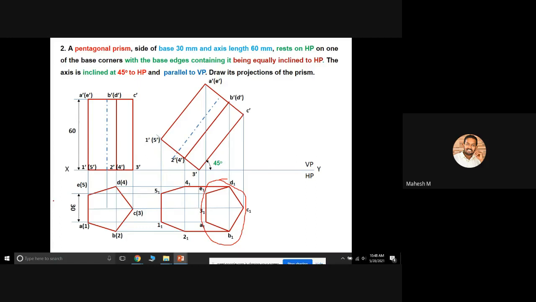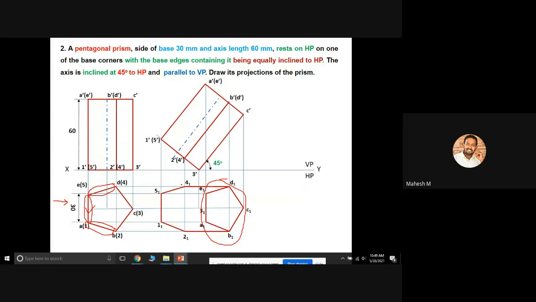அதாவது உன்னோட ப்ரீவியஸ் டாப் வியூவை லெஃப்ட் டு ரைட் பார்க்கும்போது உனக்கு எந்தெந்த லைன்ஸ் எல்லாம் கிளியரா தெரியுது. You can see this edge, right? அதாவது E of 5 to A of 1 is visible and A of 1 to B of 2 is also visible. This one is also visible and this one is also visible.